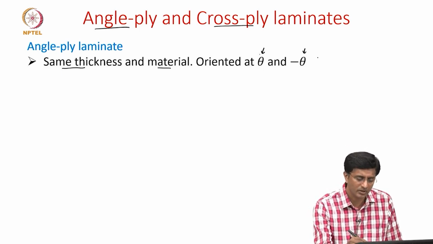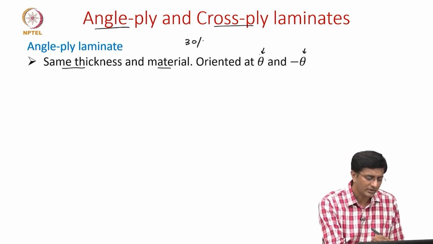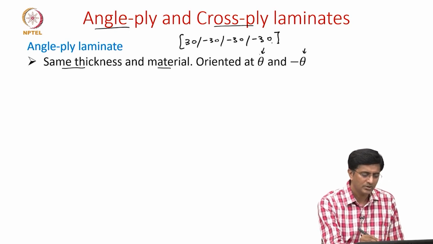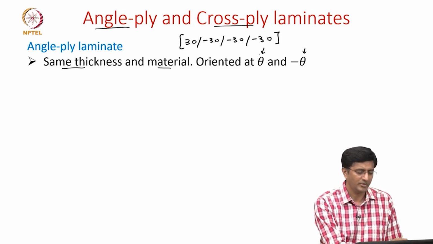For example, I could write 30, minus 30, minus 30 and minus 30. This could be a laminate sequence. Since it only has 30 and minus 30, we can call it an angle-ply laminate.